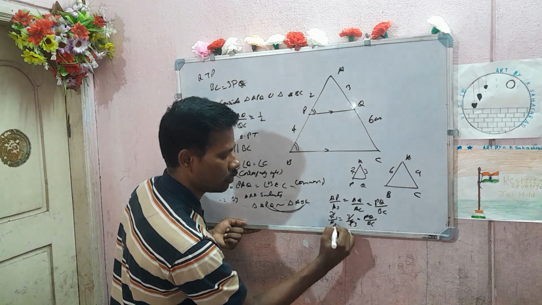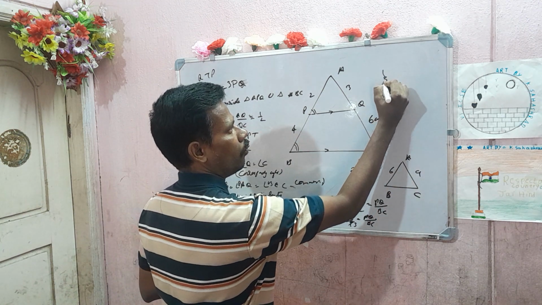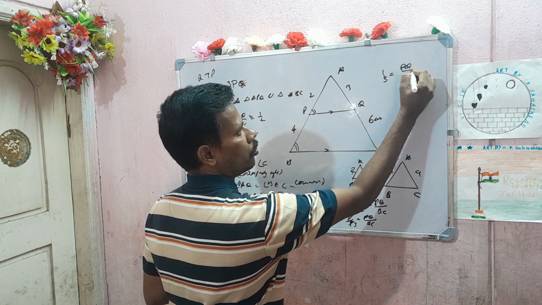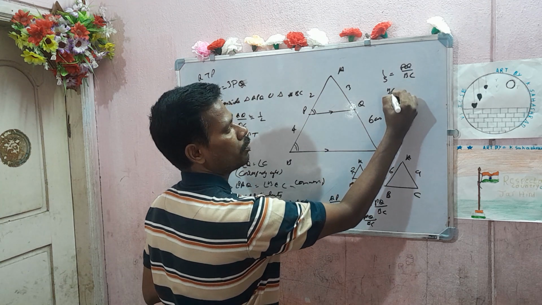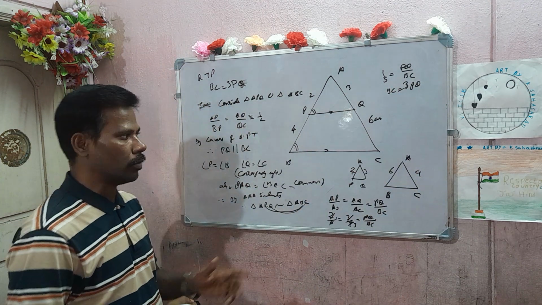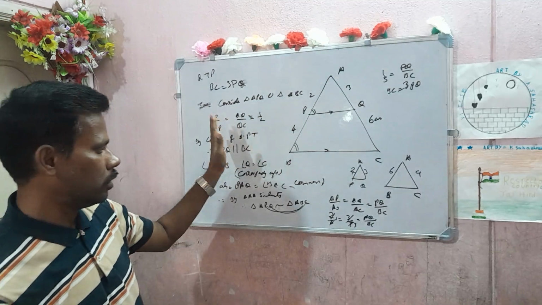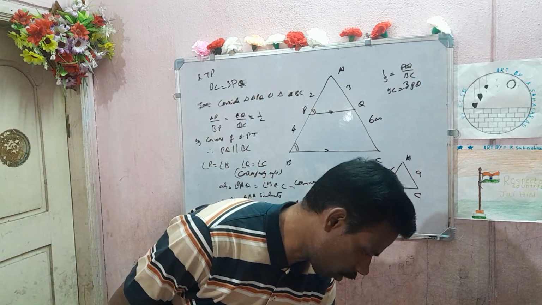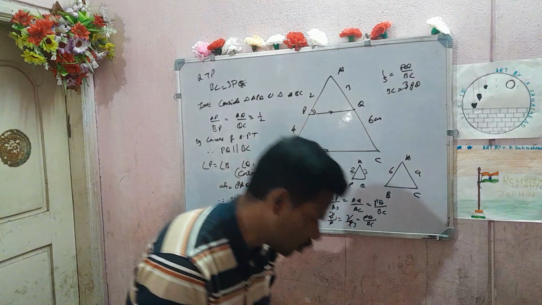Here we are getting 1 by 3. 1 by 3 is equal to PQ by BC. Cross multiplication, BC is equal to 3 times PQ. So that's the problem. Very, very important, and it is somewhat related to a numerical problem. So next question.